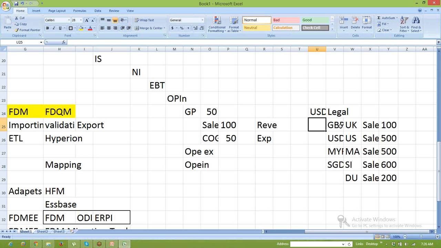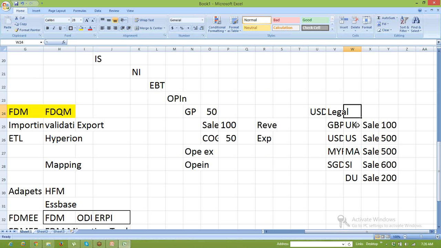When I want to run the consolidation at the legal structure to see my total sales information, it would take only USD currency unless you provide the exchange rates. So to see the consolidated data at legal level, we need to give the exchange rates from non-reporting currencies to the reporting currency.